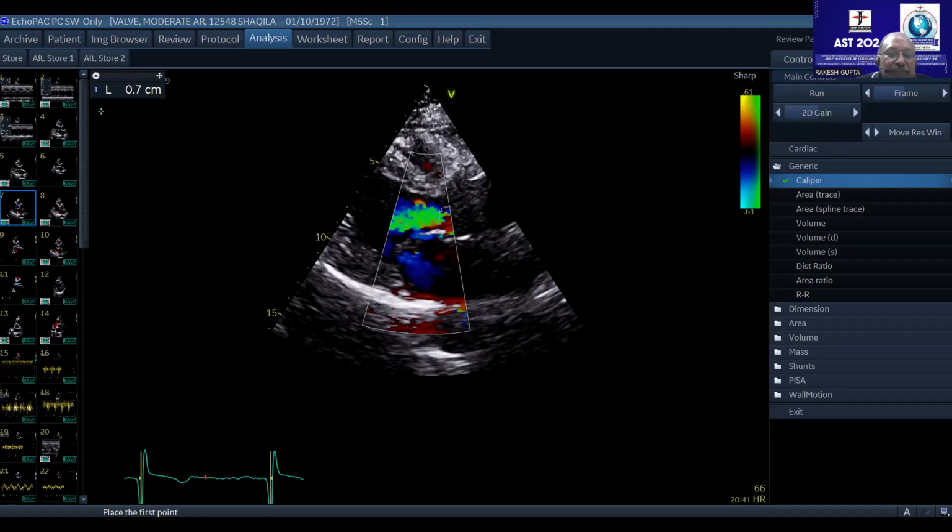So this one parameter, jet width height over LVOT diameter, comes out to approximately 33%. Is that clear? 7 divided by 20, approximately 33%. Satya says it is 21. 7 divided by 21 is 33. Yes, sir. So about 33%.